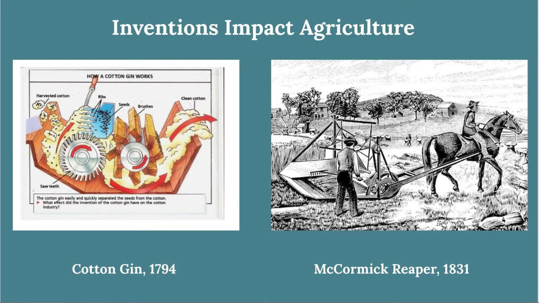Now, this caused cotton to become the U.S.'s number one cash crop, because all of a sudden way more cotton could be cleaned per day. You would think, hey, fewer people are needed to clean the cotton, probably fewer slaves. You would be wrong. Slavery actually skyrockets because of the invention of the cotton gin, because plantation owners start to think, if I can clean 50 times as much cotton per day, then I want to be harvesting 50 times as much cotton per day, which means I need to plant 50 times as much cotton.